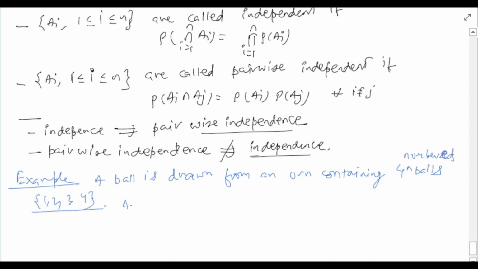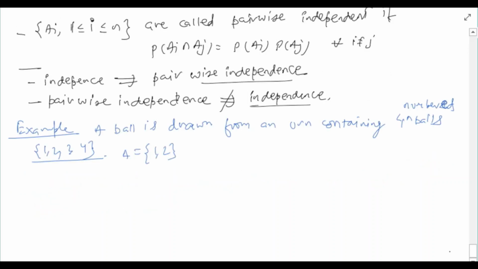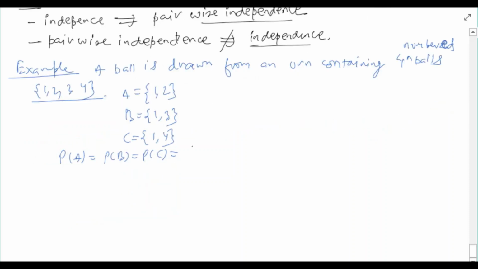And define events A, B and C as follows. A is outcome is either 1 or 2. B is 1, 3 and C is 1, 4. In this case, probability of A equals probability of B equals probability of C is 2 by 4. Clearly in each case, out of 4 outcomes, there are 2 favorable outcomes.